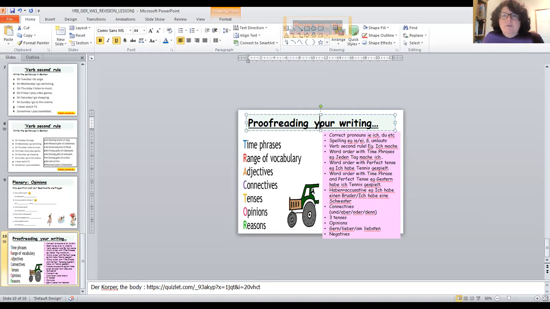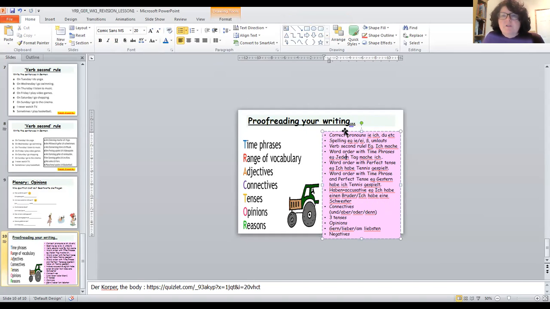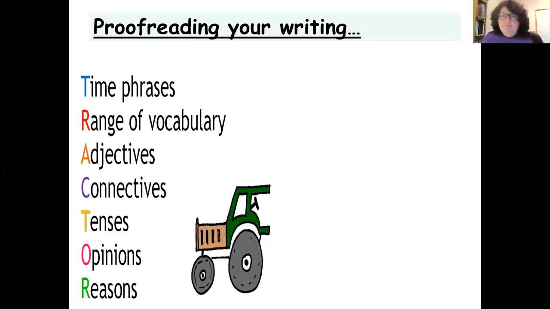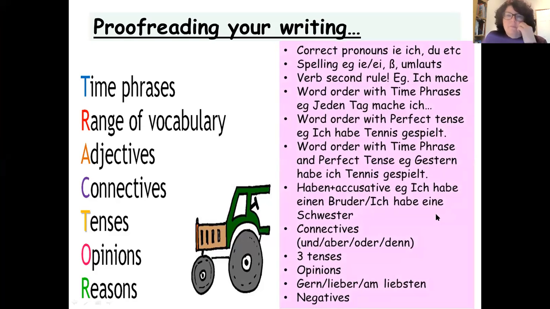Okay, wir werden das jetzt korrigieren. So maybe I'm just going to do this now, make this a little bit smaller. So I can push it up and push this up here. Okay, so you just keep writing, guys. Okay, so make sure you've got your connectives in there, your tenses.